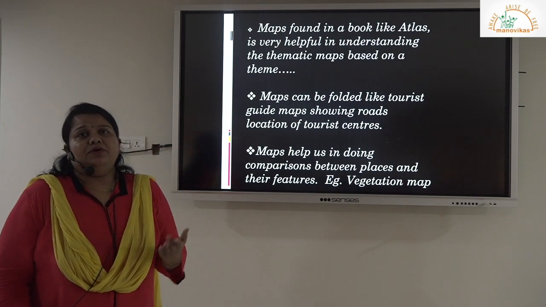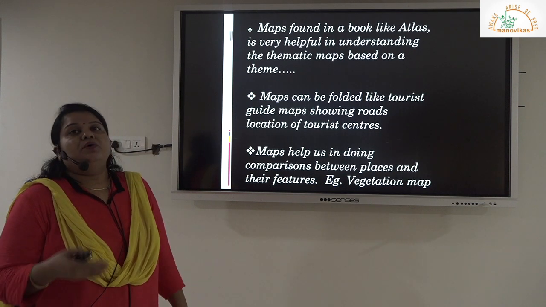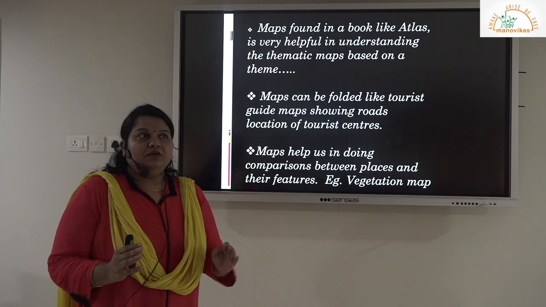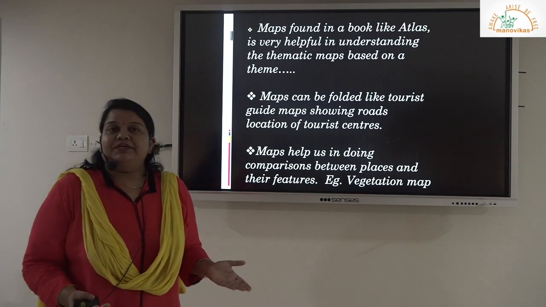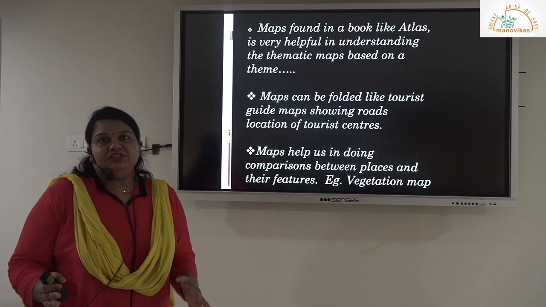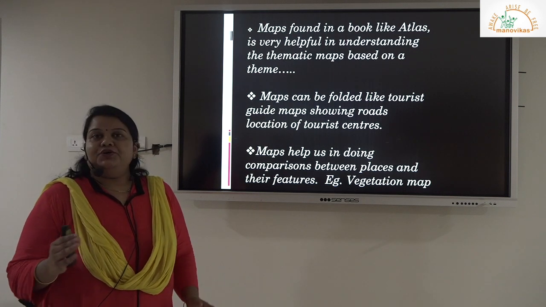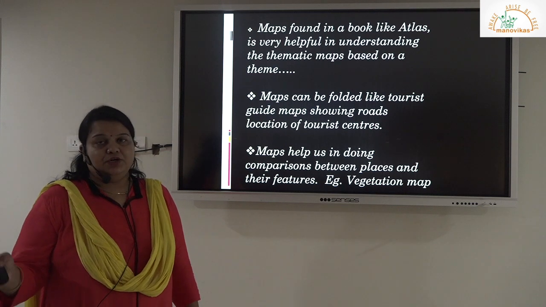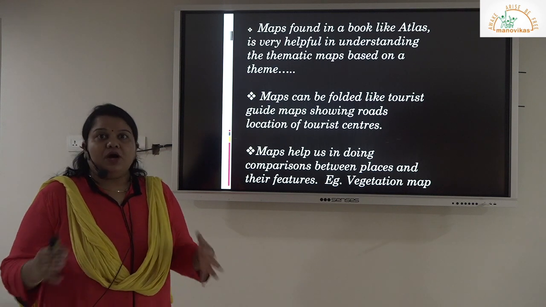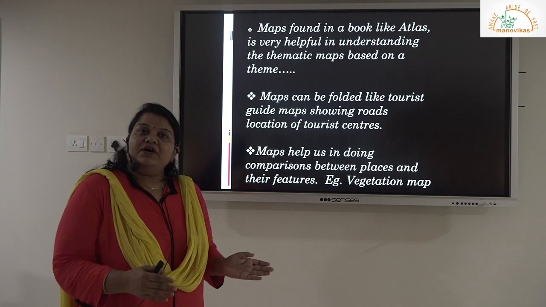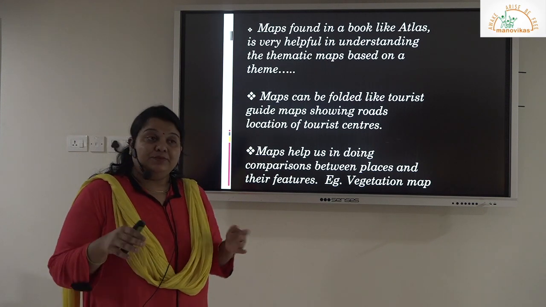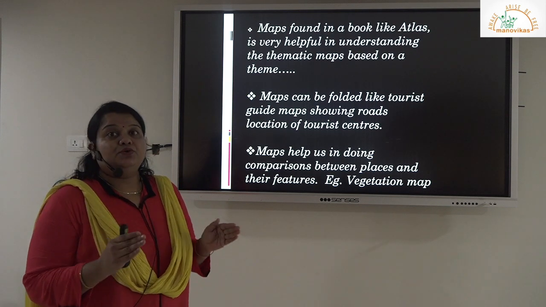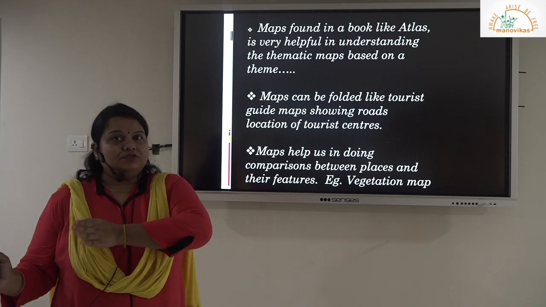Now, another important thing about the map is that we can compare the same thing for two different periods. For example, we are referring to vegetation cover in Goa for the year 2000, and we are comparing it with the year 2020. And we are trying to understand whether the vegetation cover has increased or decreased. Similarly, we can also check for the developmental projects in the year 2000 and in the year 2020.